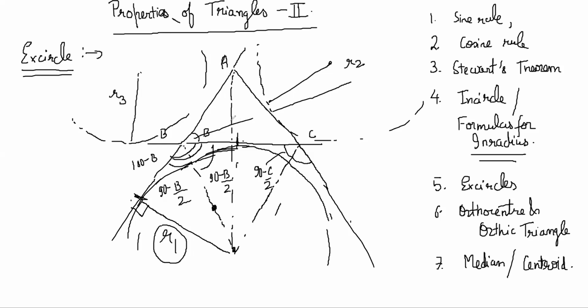So what we will do now is try to derive the relation of r1, r2, r3. What is r1, what is r2, and so on. So I'll draw a slightly better figure here. The external angle bisector is like this, and this angle bisector is like this, and this angle bisector will be like this, joining this.